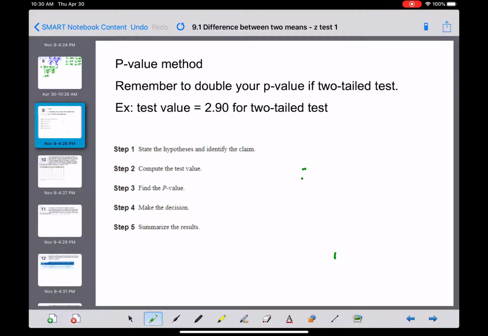Or you could look up negative 2.90, and the p-value you get is 0.0019, but that's in each tail. So you have to multiply that by 2 to get both tails added together. So your actual p-value is 0.0038. Remember to double your p-value if you're doing a two-tailed test.